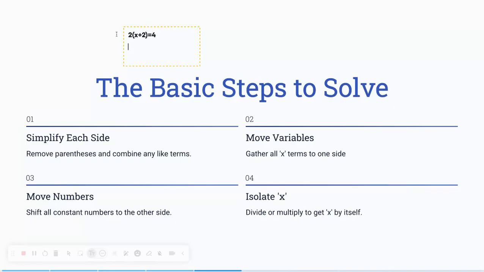We would just multiply, and then it would be 2x plus 4 equals 4. Okay, so that's the first thing, simplifying each side.